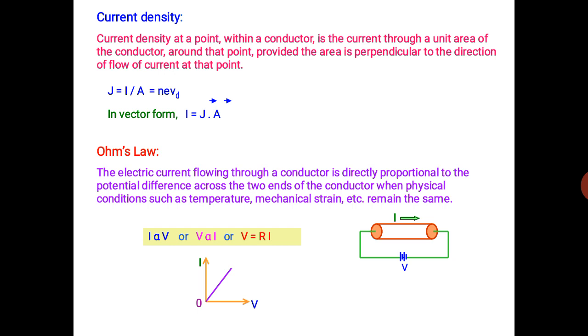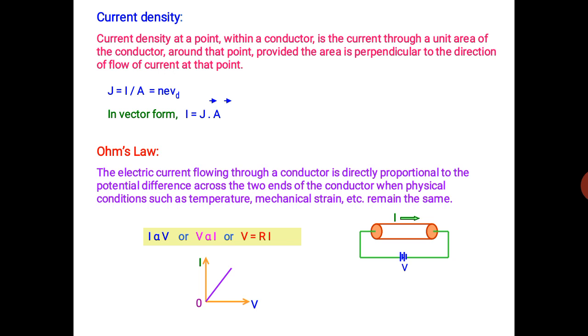If you plot the graph of potential difference along the x-axis and electric current along the y-axis, the nature of the graph is a straight line. We get a linear graph, and the ratio remains constant.